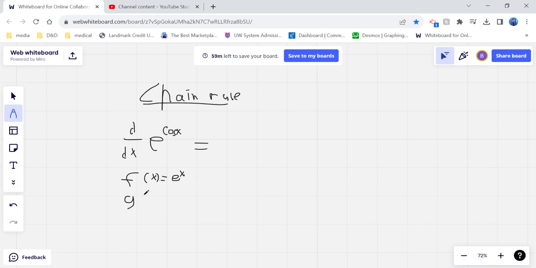And let's say that g of x would equal cosine of x, because f of x is this outer function, and g of x is a function that's plugged into that function. So you see how cosine is plugged into x here. So cosine is the exponent of e to the x. So we take the derivative of both of those functions.